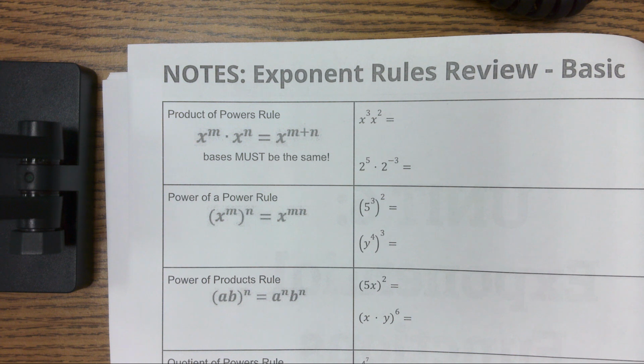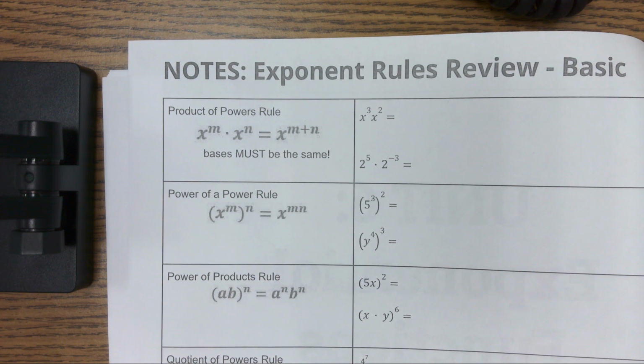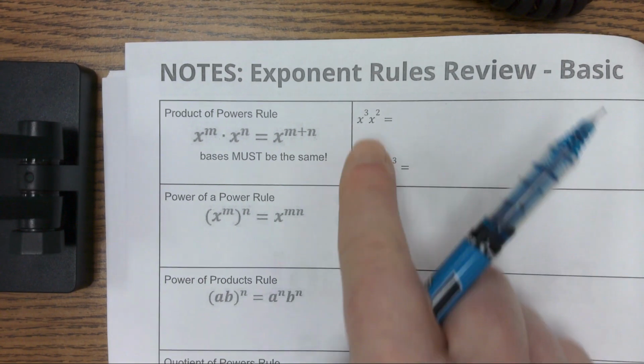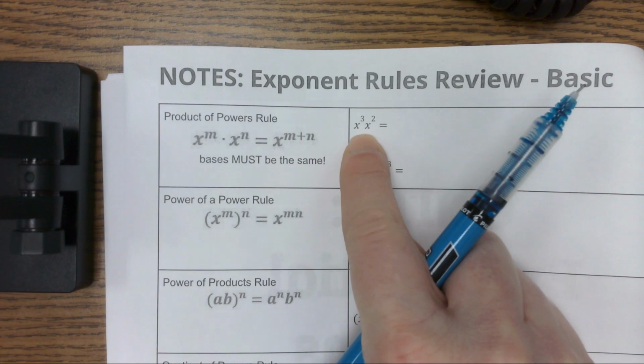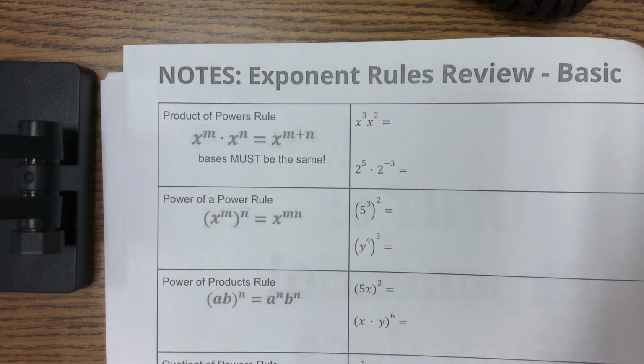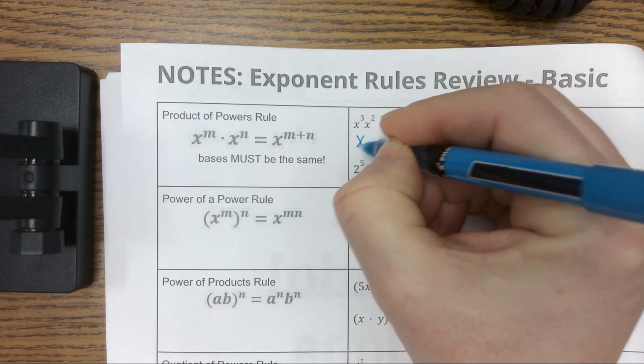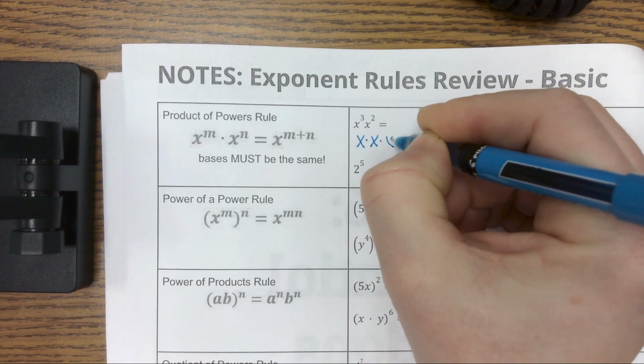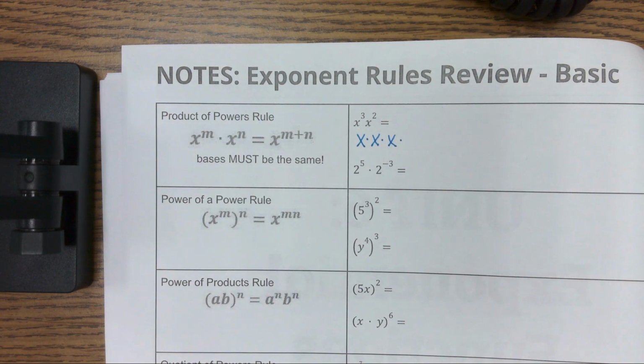But what we're going to deal with today are some rules or shortcuts, if you will, to exponent rules, and sometimes they're going to be with a variable in them where you just have to simplify. So x cubed, I'm going to write this out the long way. X cubed would mean x times x times x. And then what would x squared mean?